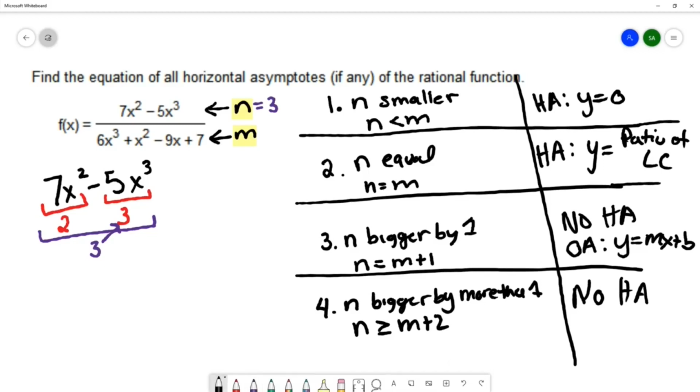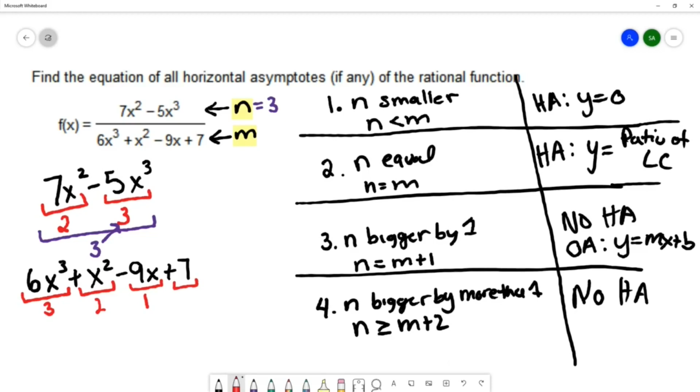So our denominator is 6x cubed plus x squared minus 9x plus 7. We can look at the degree of individual terms. The degree of 6x cubed is 3. The degree of x squared is 2. The degree of 9x is 1.